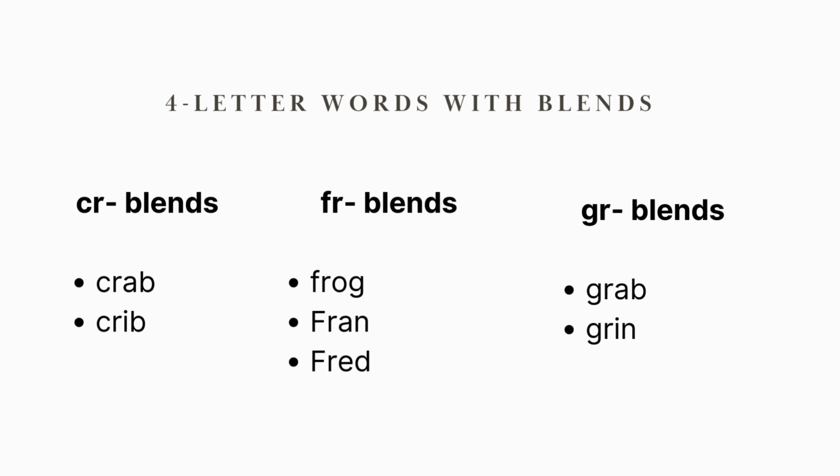But here, when you have the letters and the sounds together and you write down the word, you write down the letters F-R-O-G, which makes the word frog, you could help them point out each letter and make the sound F-R-O-G, and they would say frog. You would take them to the next word, Fran.